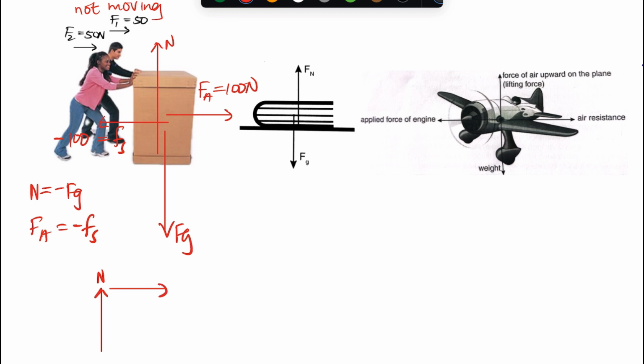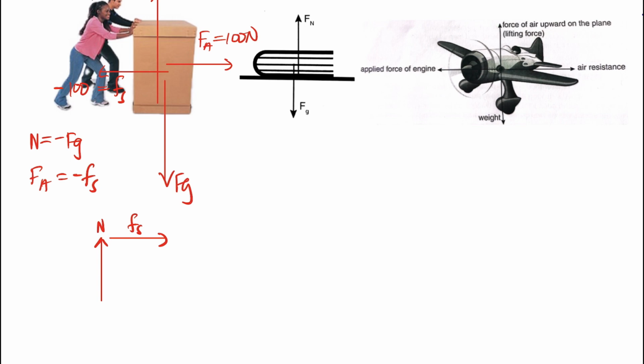Then we have the gravitational force going down, the force applied, and Fs in the opposite direction. Do you see this diagram is closed? It means that F net here is equal to 0, because that object is not going to move.